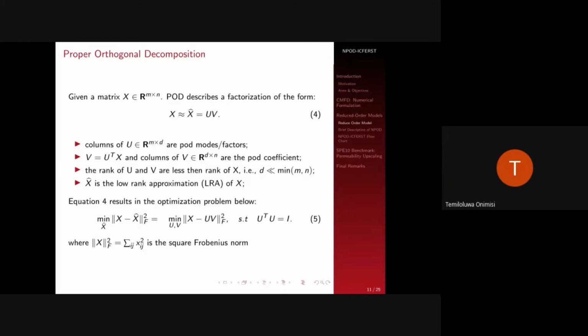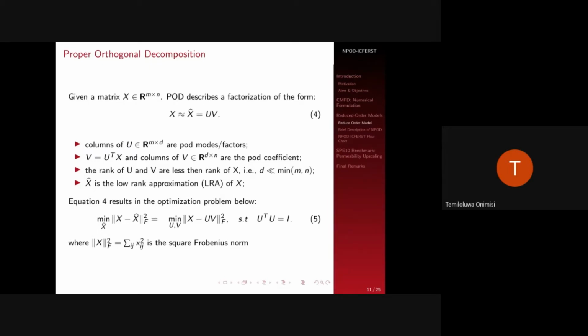What's quite unique is that the ranks of U and V are much less than the rank of X. So basically the dimensions of the matrices U and V are much less than the dimension of the matrix X. And we call X bar the low rank approximation of the matrix X. The solution to equation 4 can be obtained by working on the optimization problem in equation 5.